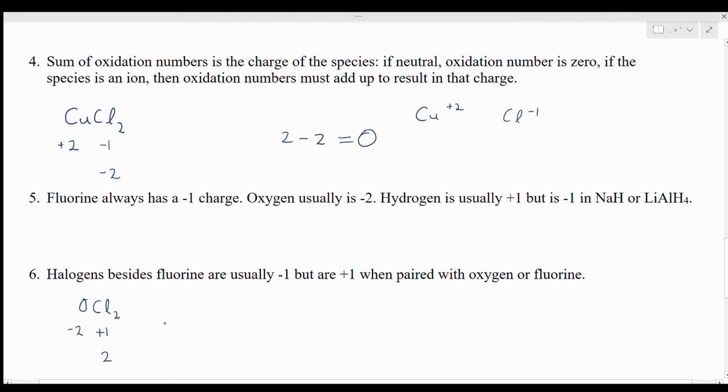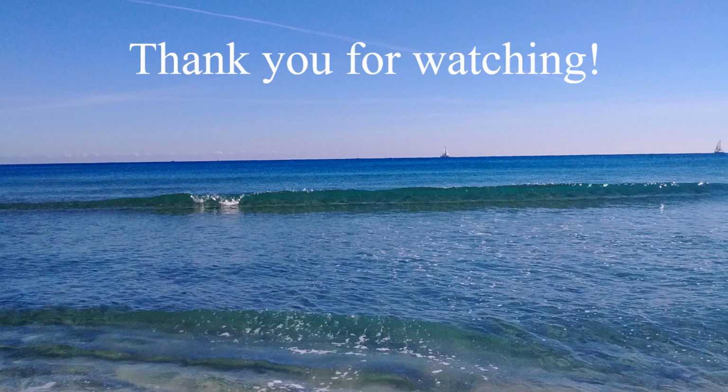And so this makes sense because when we add up the final oxidation numbers, we have a positive 2 and a negative 2, which we know 2 minus 2 is 0, so this entire compound has a neutral charge, which we found here.